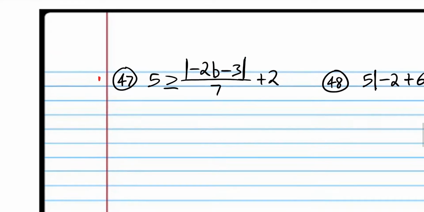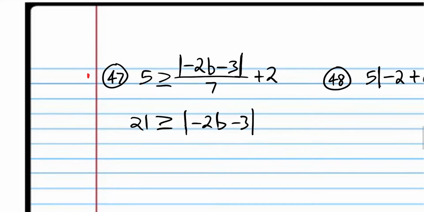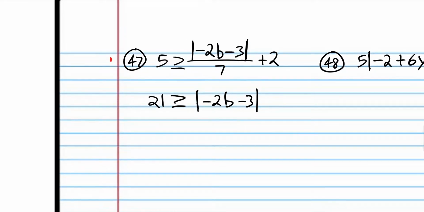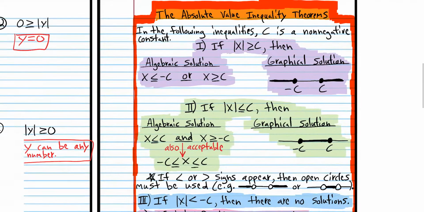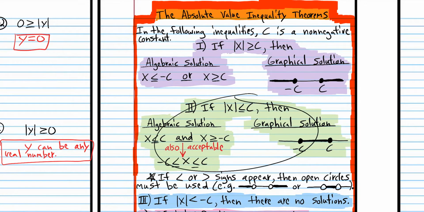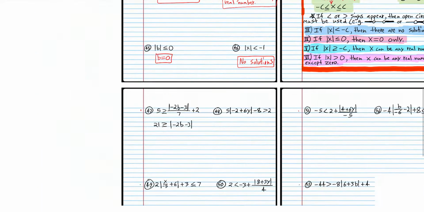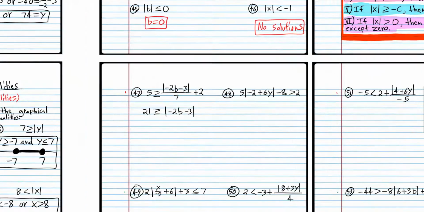So I'm going to subtract 2 from both sides and multiply by 7, and I get 21 is greater than or equal to the absolute value of negative 2b minus 3. So now the absolute value is less than a positive number. If it's less than a positive number, then that's this situation in green. So that screenshot will tell you what to do.